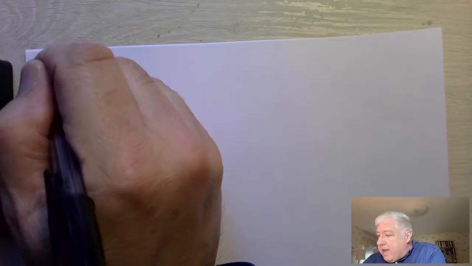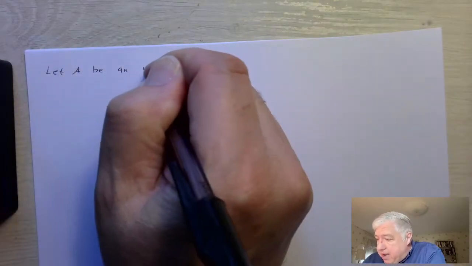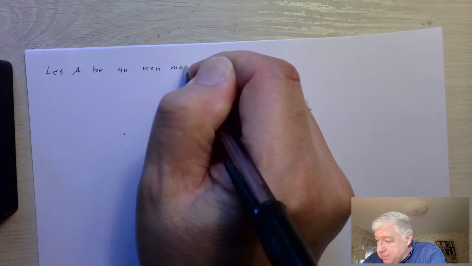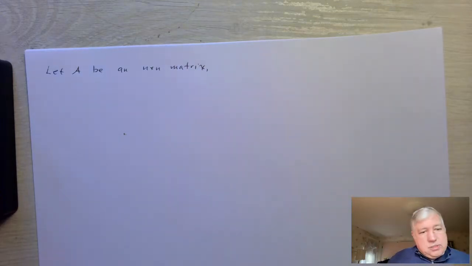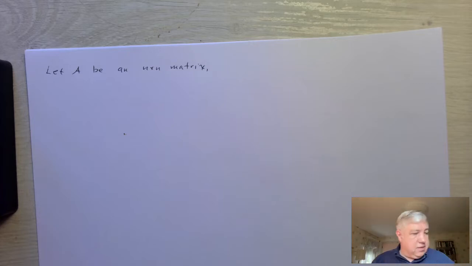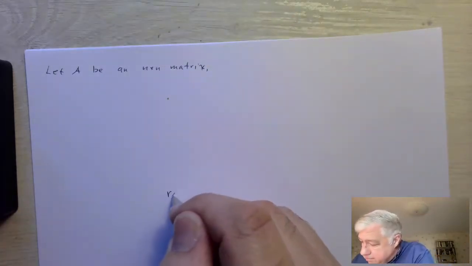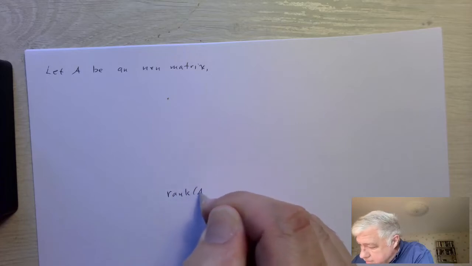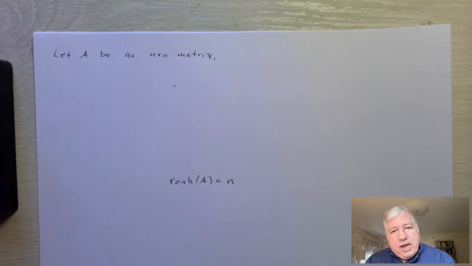we're going to let A be an n by n matrix, and we are going to start with the statement that the rank of A is equal to n. Now remember, the rank is the number of non-zero rows of A in its reduced row echelon form.